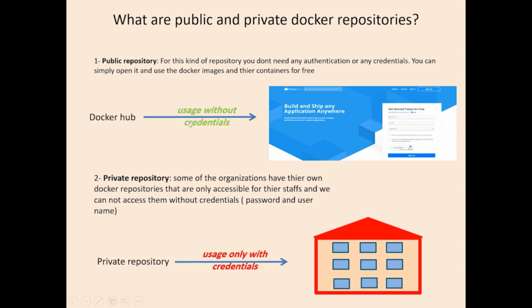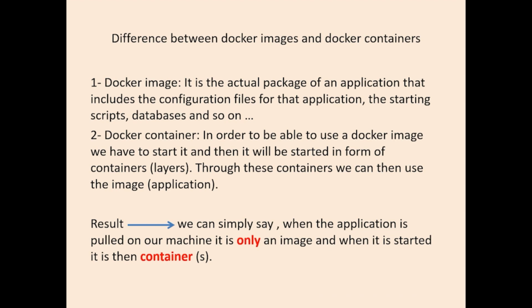Here I have typed it: usage without credentials for a public repository, and it is Docker Hub. But here, usage only with credentials for a private repository. So this is the difference. We go to the next slide, and here we want to compare the differences between Docker images and Docker containers.